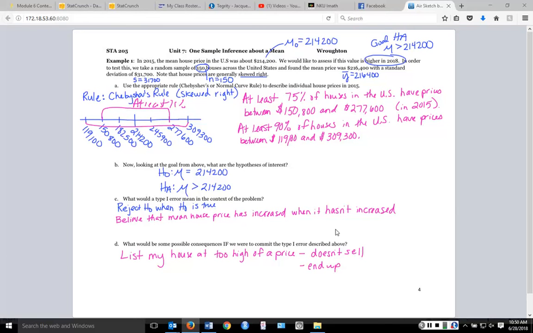I might end up having to reduce the price, and I'm not going to get as much money then as I thought. So those are some possible consequences that could happen if we commit a type 1 error.